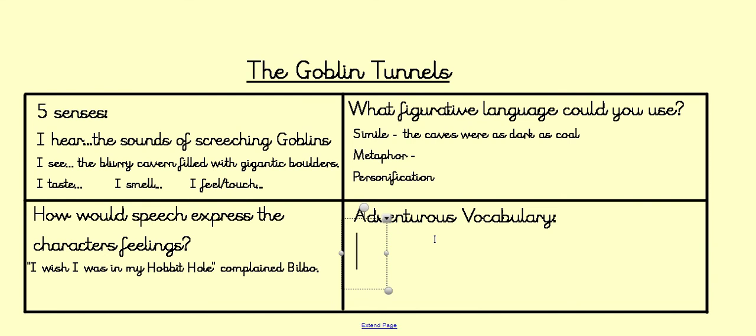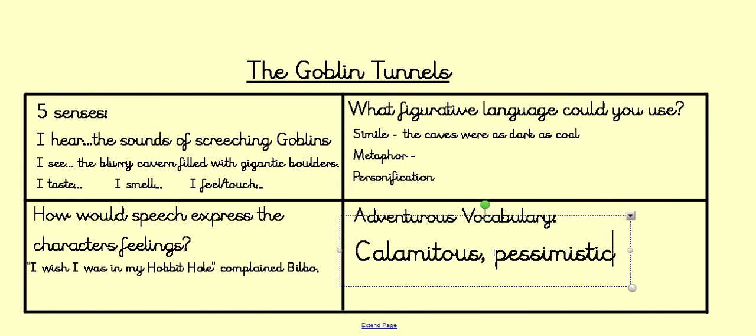So if I was going to talk about the situation the characters were in, I might say it was calamitous, which means actually that they were in great danger, or that is not a very nice place to be. If I was talking about the attitudes or the feelings of our characters, I might say they were being pessimistic, which is another great word I could use.